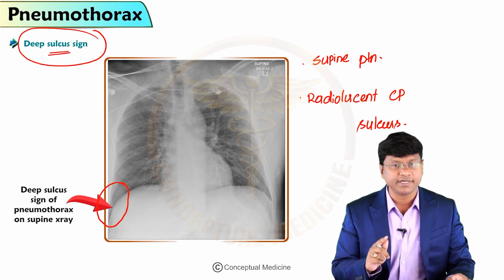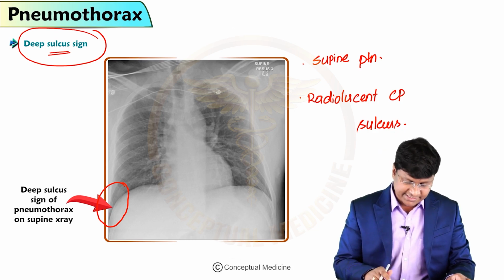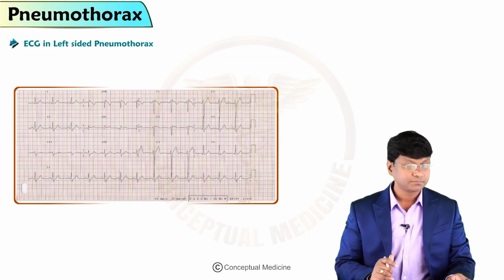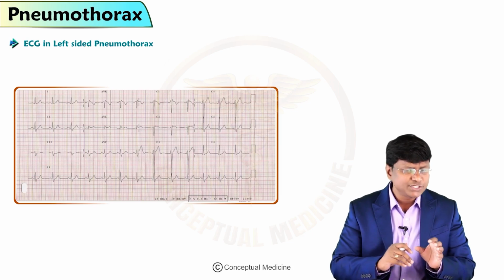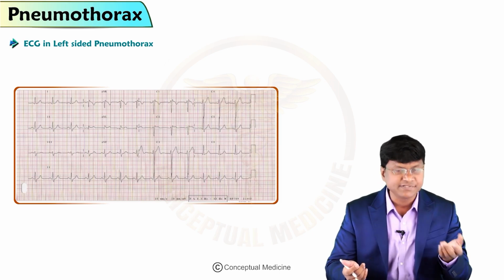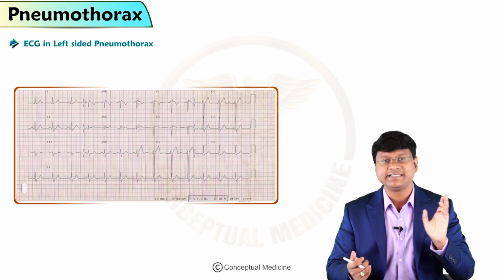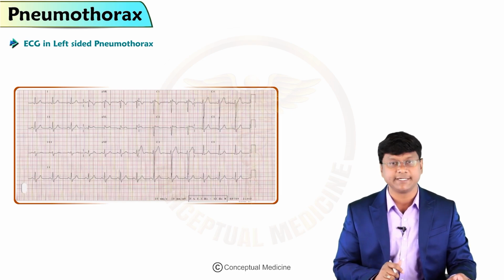Next, another important investigation which will be of help is the ECG. Now, what will be the ECG changes? Actually, it's not the investigation which will give you the diagnosis, but you may have questions like, what will be the ECG changes in case of left-sided pneumothorax? Then you should be able to answer that.